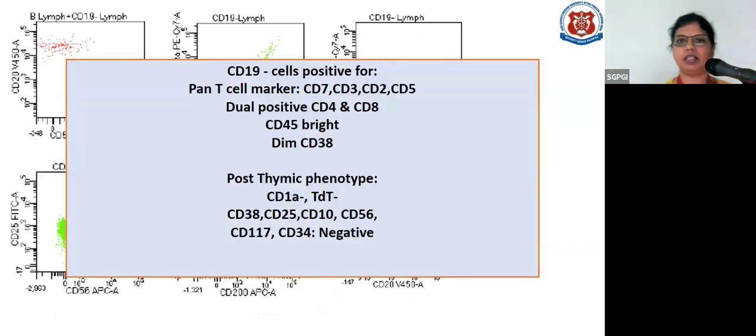So this is the summary: CD19 negative cells positive for your pan T cell markers 7, 3, 2, 5, dual positive for 4 and 8 with a bright 45 expression and dim 38. And it was a post-thymic phenotype because 1A and TdT were negative, and the other markers: 25 for adult T cell leukemia lymphoma was negative, 10 for angioimmunoblastic was negative, 56 for NK cell was also negative.